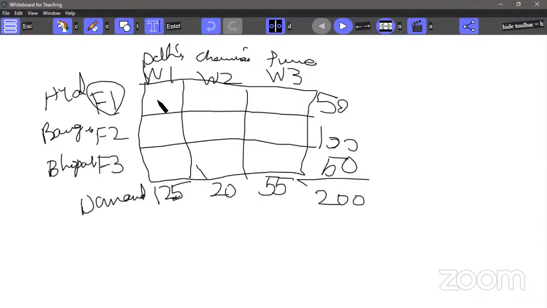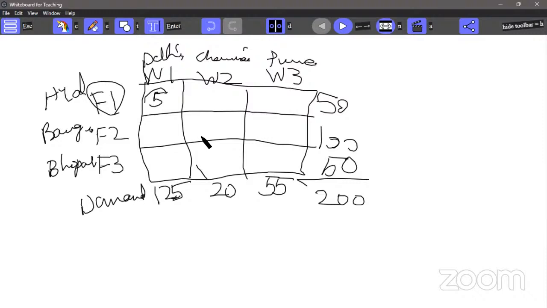Here the cost will be given, the unit transportation cost. Suppose 5 is mentioned here, it means that to transport one unit from Hyderabad to Delhi, we incur 5 rupees. That is what it means.